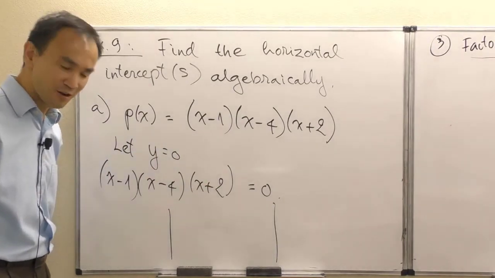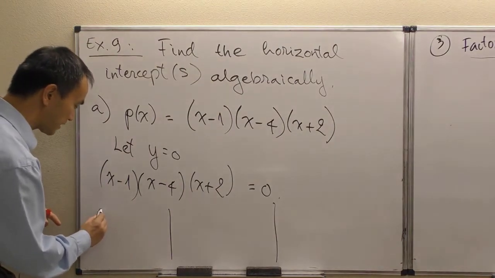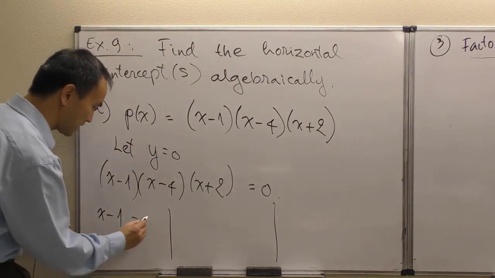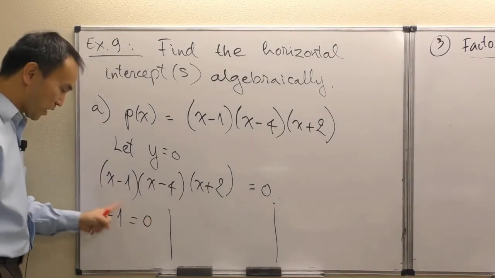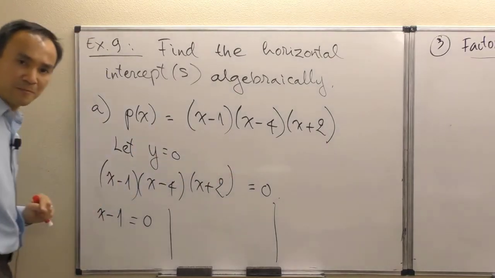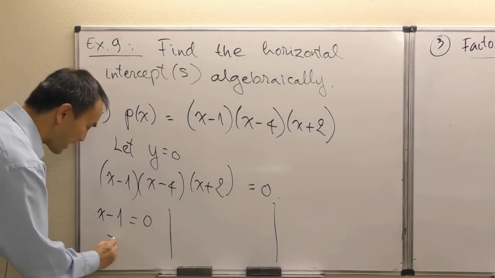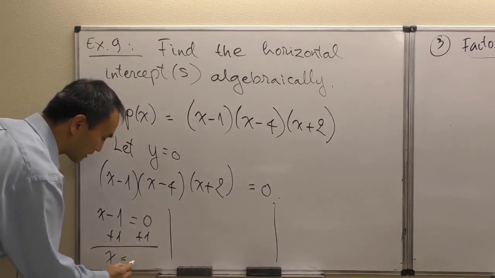From left to right, the first one is x minus 1. This one factor can be on its own equal to 0, because if it is 0, then it will cause the whole polynomial to equal 0. Now I'm going to add 1 to both sides, and that produces x equals 1.